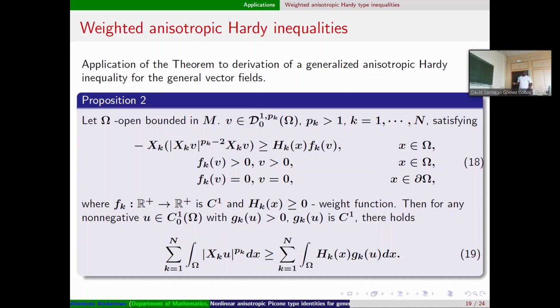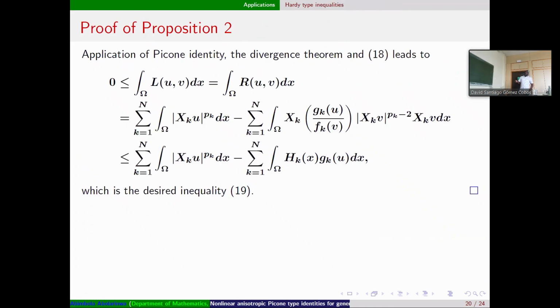So this is an Hardy-type inequality, an inequality with weight, and of course this is an anisotropic inequality. The proof is similar to what I presented, but of the other type. By the Picone identity, where L(u,v) is greater than or equal to 0, you have that. Then by the definition of R(u,v), you have this quantity. By the definition of solutions, you have this.